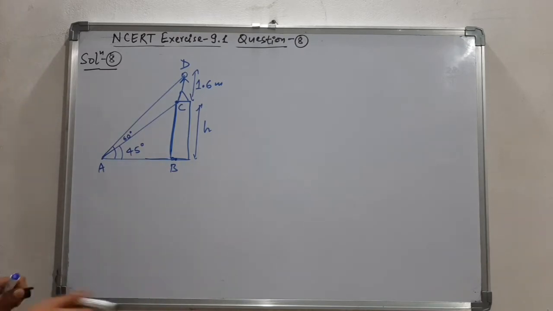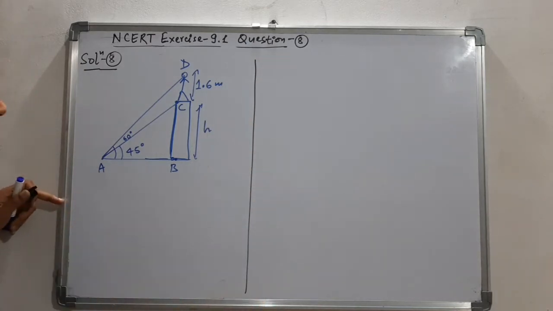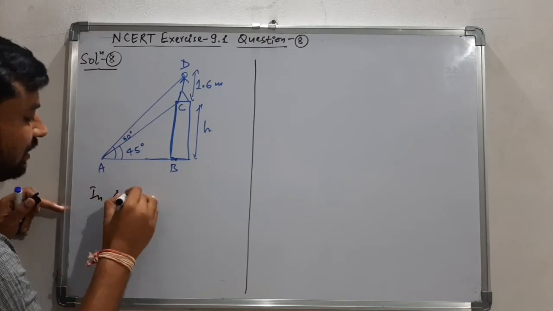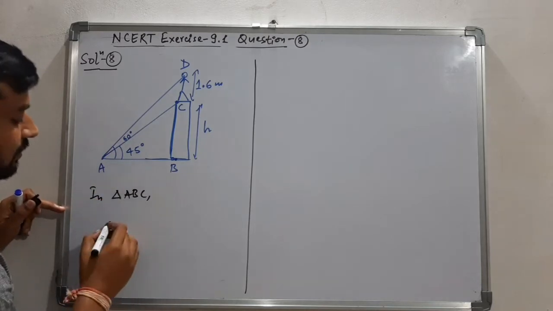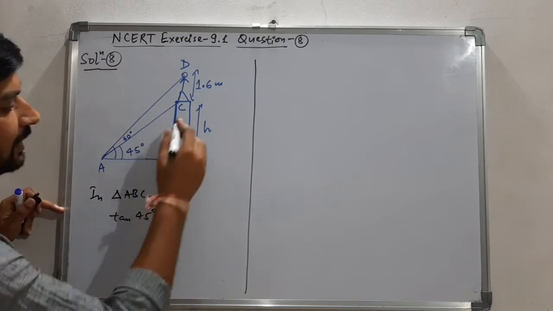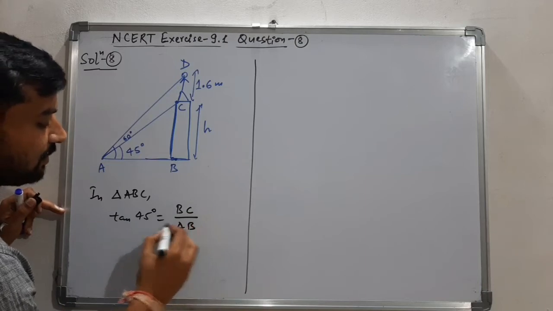So clearly it is similar to the previous question. Here let me use the first triangle ABC. In triangle ABC, we will be using the same angle 45, tan 45, and the perpendicular here is BC and the base is AB.